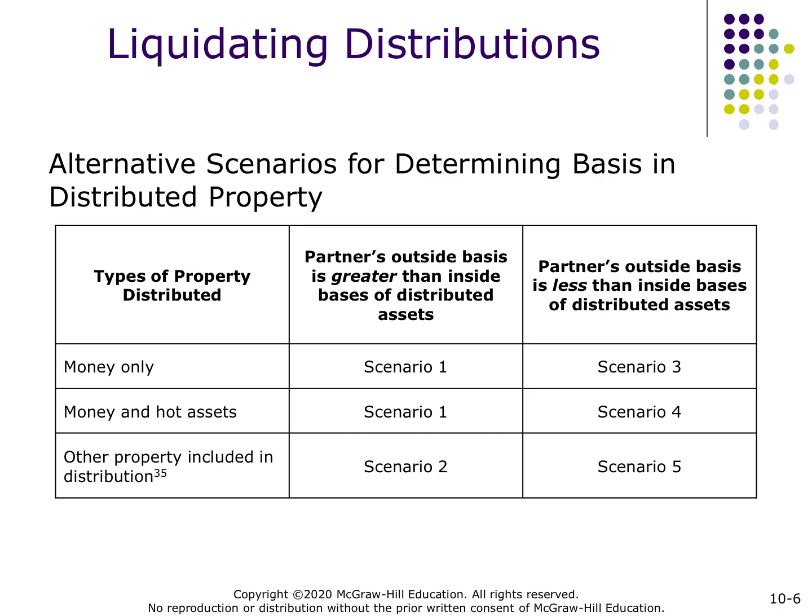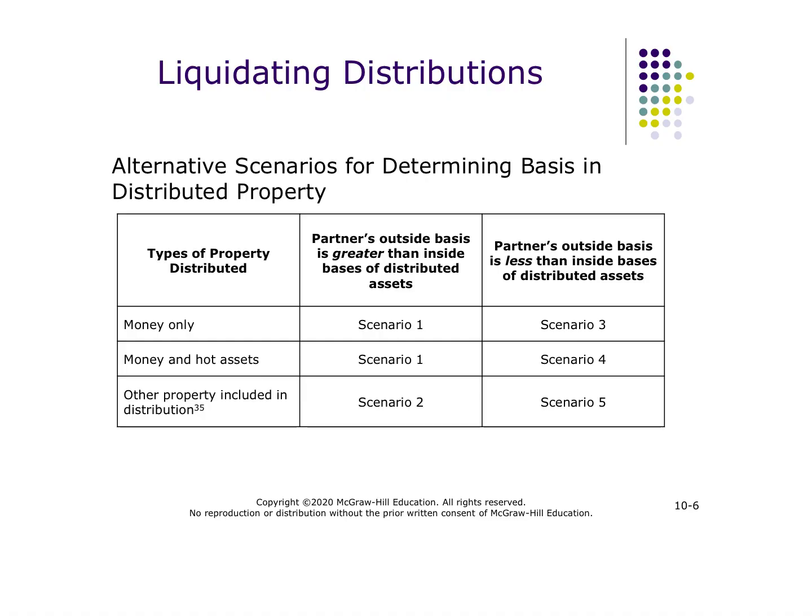Okay, so the book gives us these great little charts with the potential scenarios. These are all of the alternative scenarios for determining basis in distributed property. Now, remember, this is liquidating distributions. If a partner's outside basis is greater than the inside basis, you have these scenarios.